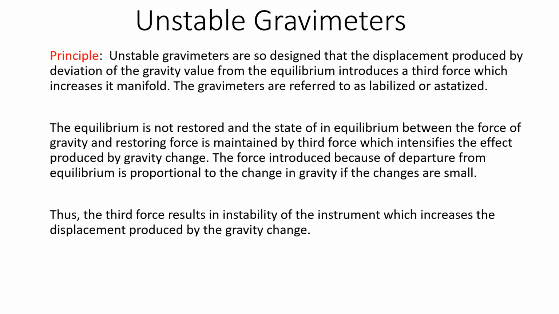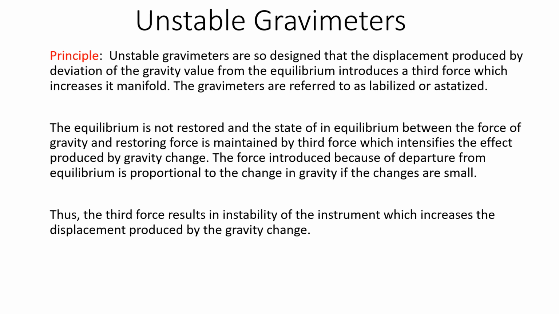So we see the gravimeter here is not restored to its original position, but in fact it is thrown more into instability. So these gravimeters are referred to as labilized, or the more general term, unstable gravimeters. Unlike stable gravimeters, the equilibrium, which is the balancing of the force of gravity with the restoring force, is not restored.